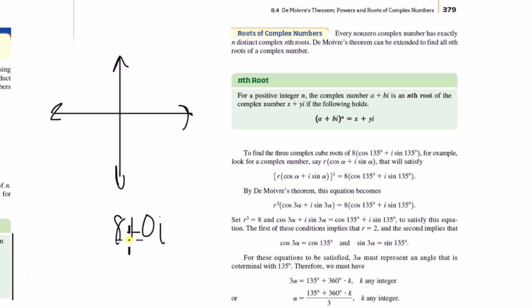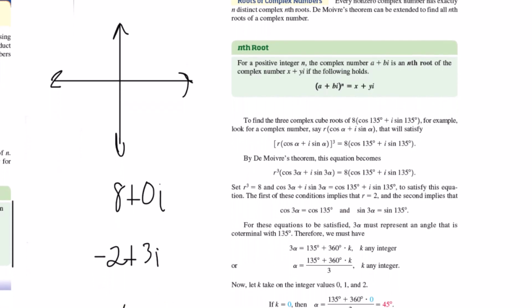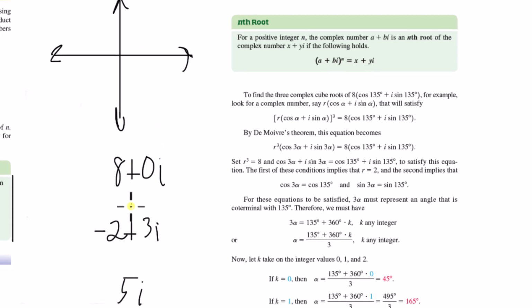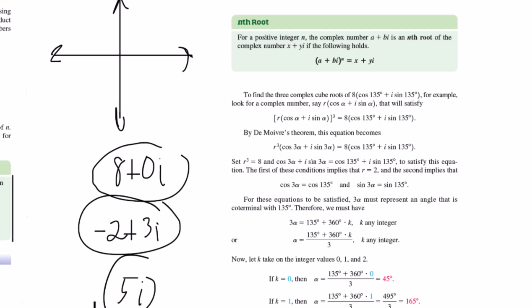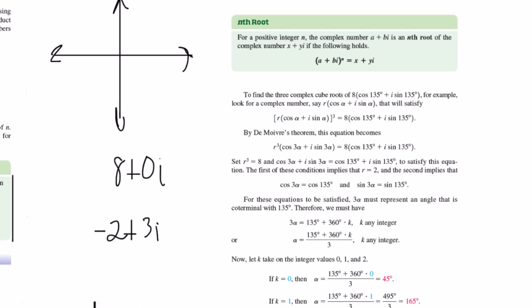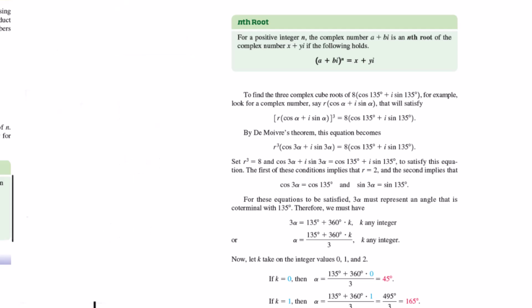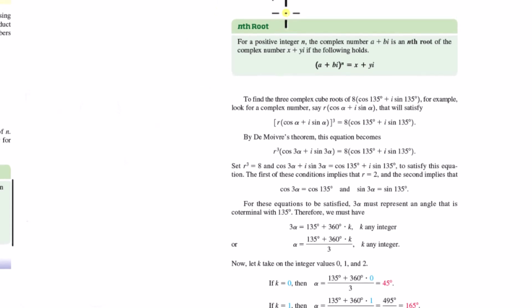We're asking for the nth root of this, 8 plus 0i, or minus 2 plus 3i, or 5i. We're trying to answer the question, what are all of the numbers in the complex plane that when you take them to the nth power, you get this, or this, or this? That's what we're answering in this section. The idea of a principal root we talk about more in complex analysis, but I'm going to touch on that here.